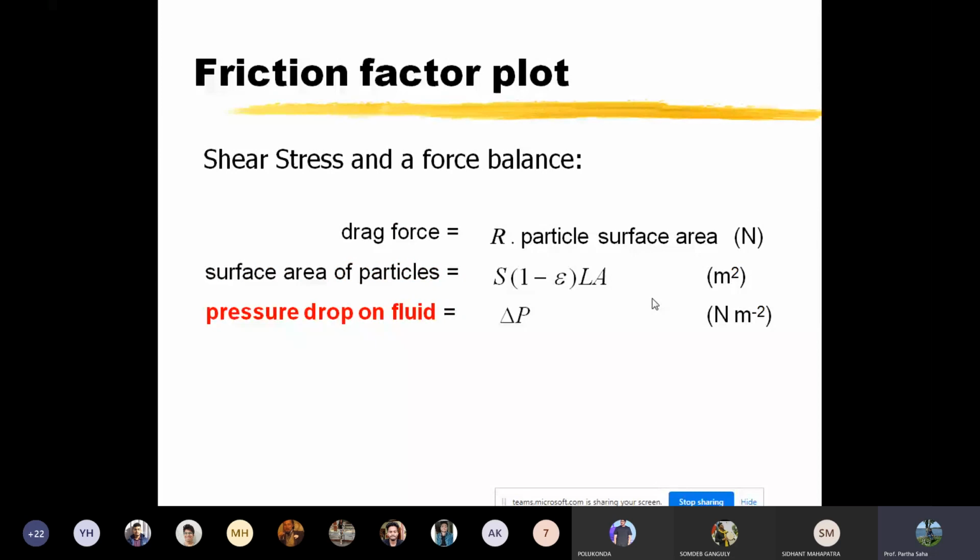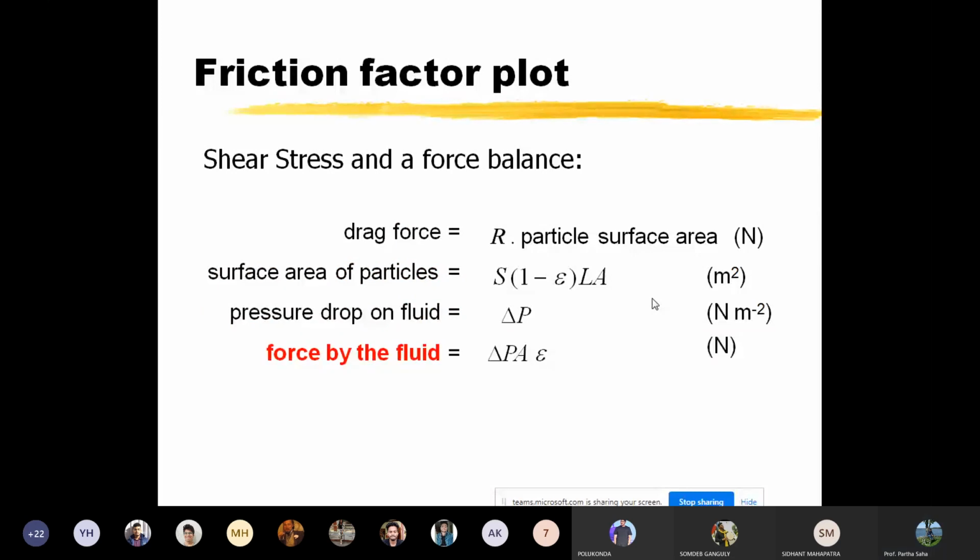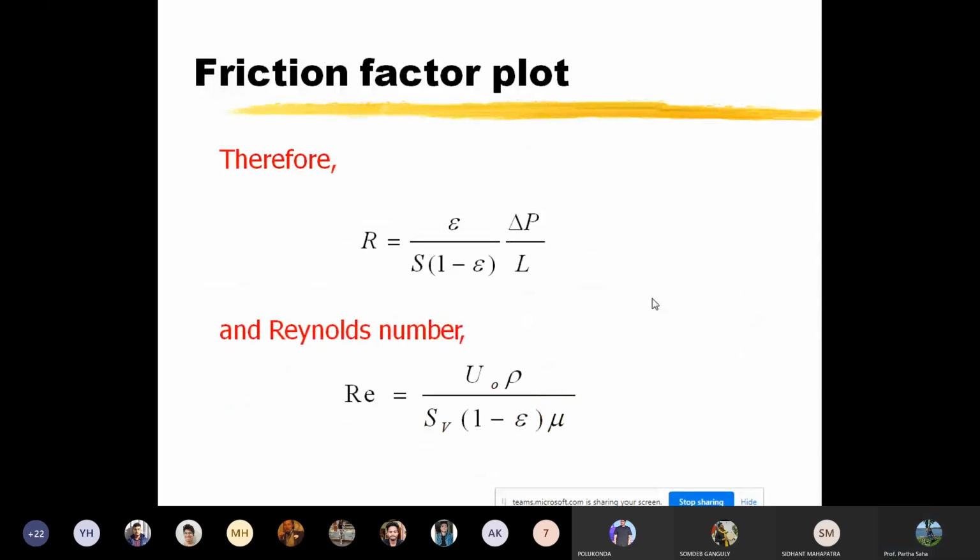The pressure drop of the fluid is given by del P, and the force by the fluid is given by pressure drop into area, that is del P into A, over the void fraction which is available, that is epsilon. So if you balance this, the force is actually R into the particle surface area, that is R into S(1 minus epsilon) LA, equal to del P A epsilon. So what happens?